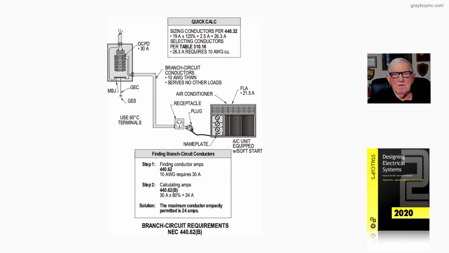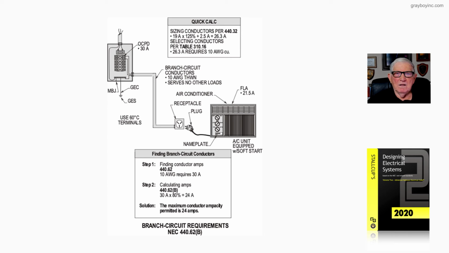Step 2, we have 80% of 30 amps, that comes up with 24. So our 80% rule has been complied with because 24 amps is greater than the 26.3 that we have calculated in the quick calc. So number 10 wire with a 30 amp overcurrent device would be sufficient.